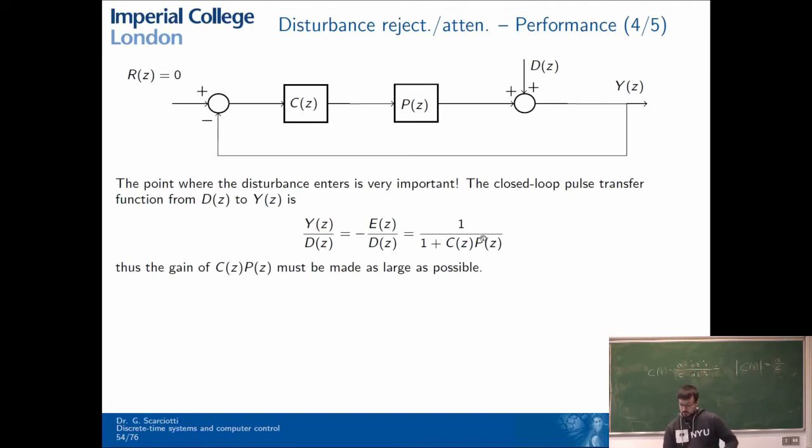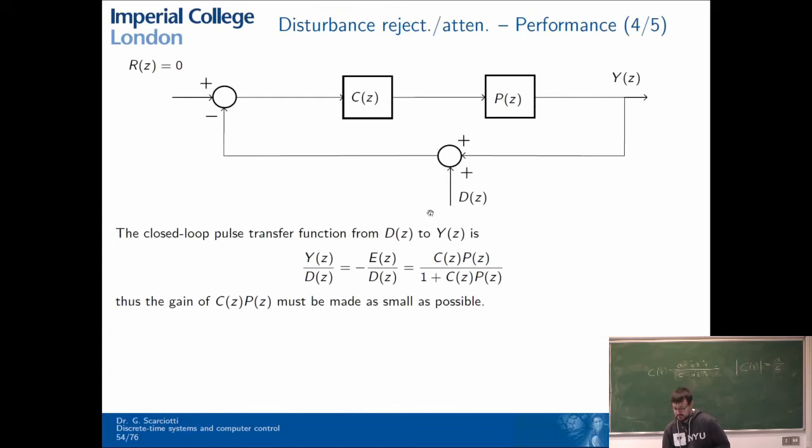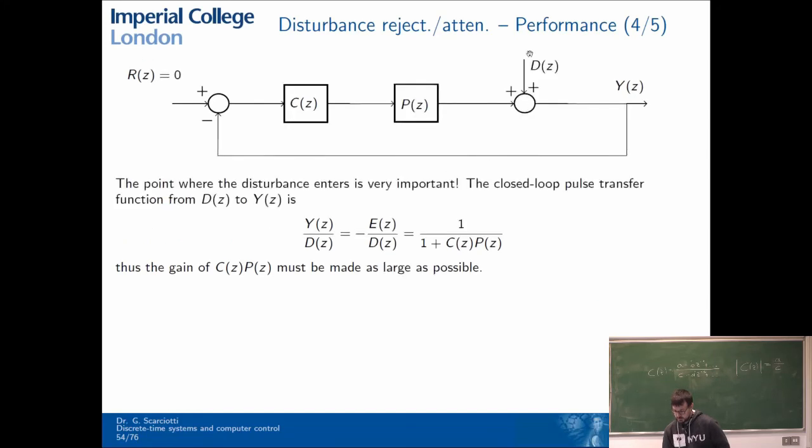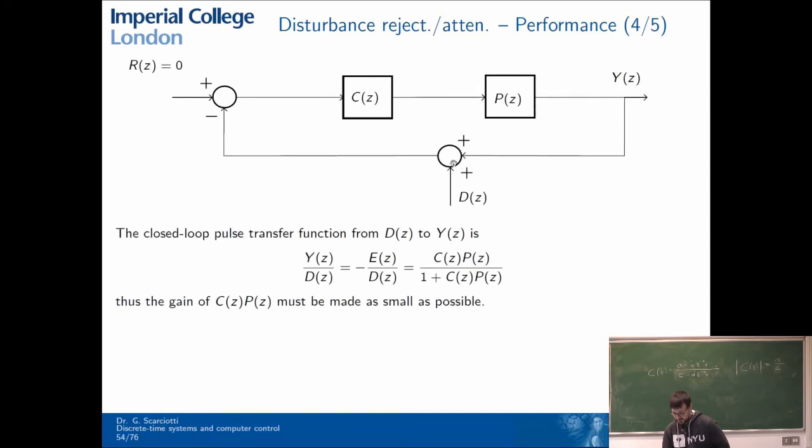This is similar to what we obtained before. So again, we want c times p to have a large gain, but different from before, we actually don't need any condition on the poles of c. If the disturbance instead enters the feedback branch, so what we have changed here is just to move the disturbance from here to here, okay?